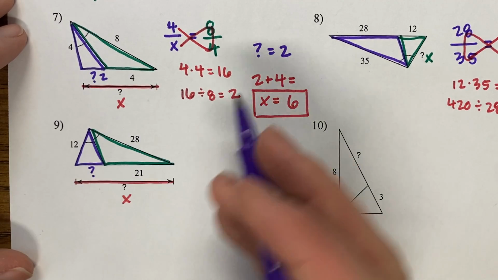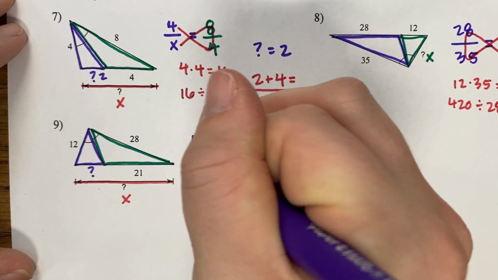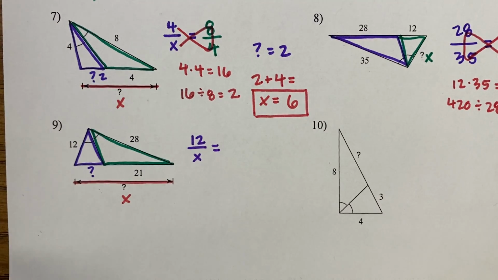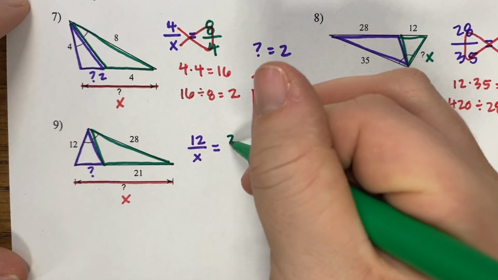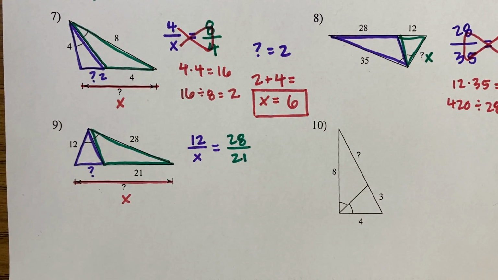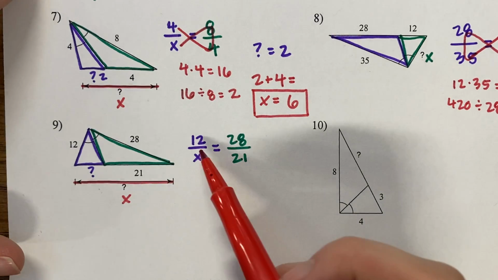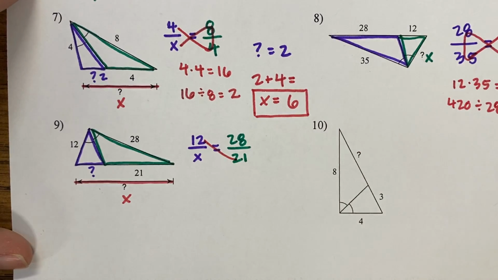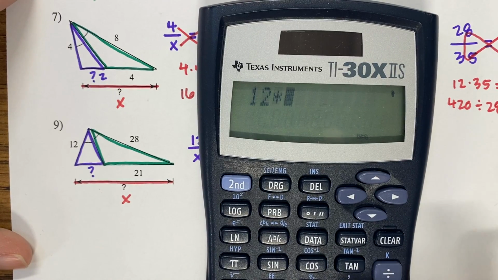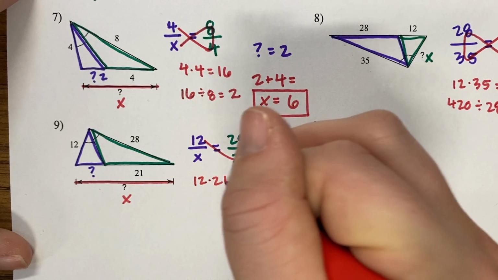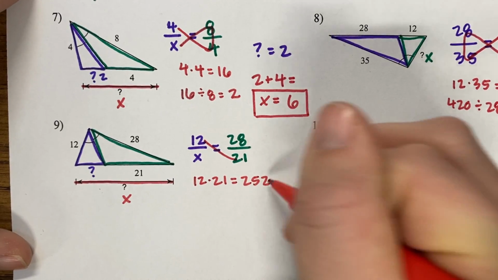Okay, so let's do top over bottom again. 12, and we'll just call it x for now. Equals, same pattern for my green, top over bottom. 28 over 21. Okay, cross multiply. Start with the number that's with your x. 12 times 21. 252.